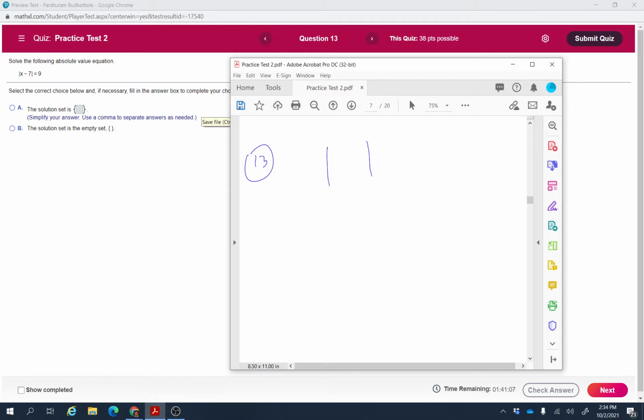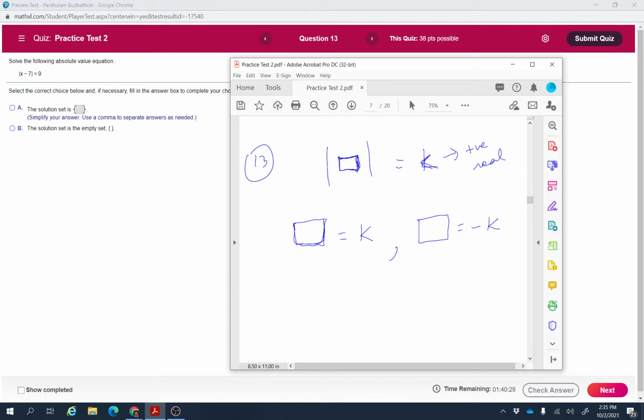If the absolute value of something, let's say something inside this box, we don't care what we have inside the box, is equal to some constant k, where k is some positive real number, that means either the box could be equal to positive k, or it could be equal to the negative of the value you have given here.